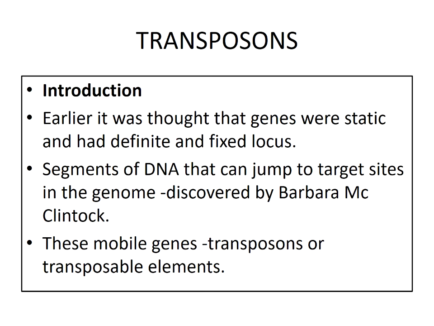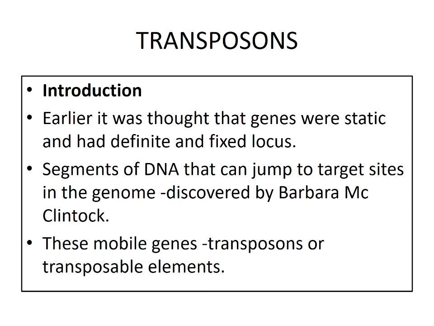Scientists had believed that genes were static, but due to certain studies they found that genes can jump to target sites. This was first discovered by Barbara McClintock, who observed that in maize corn, the cobs have kernels of different colors, and this is due to jumping genes, or transposons.